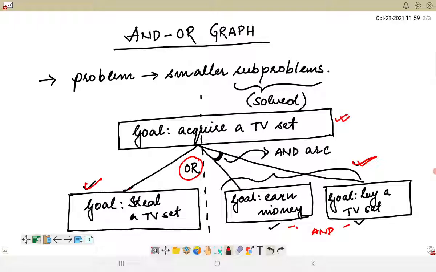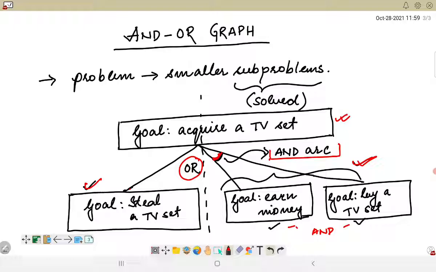So suppose, once again I would like to recollect, that we have a bigger problem and we are breaking it down into a set of smaller problems, all of which must be solved. That kind of representation is known as an AND OR graph or tree. And the decomposition or reduction generates arcs which we call AND arcs. So this is basically the AND arc, and it is represented using this particular symbol.